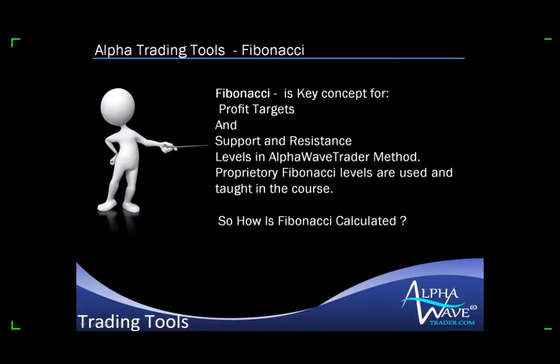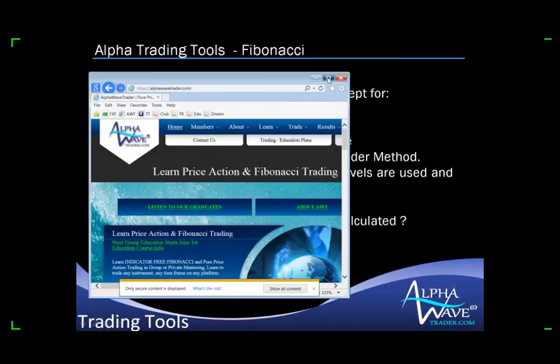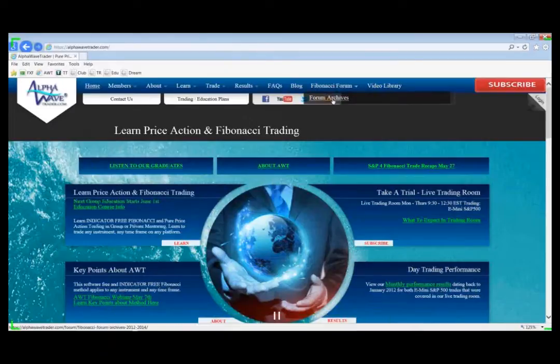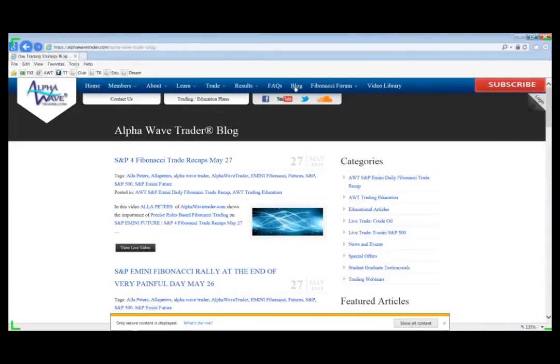If you come to the website and you go to Fibonacci archives, you can review what had been posted on the website forever and ever, with projections very far in advance. Here's the Fibonacci forum, and here's the Fibonacci forum archives, where you can review projections years in advance, when you can watch the videos going back for years.